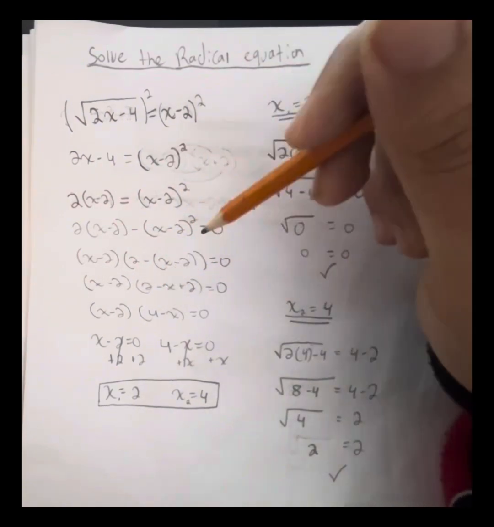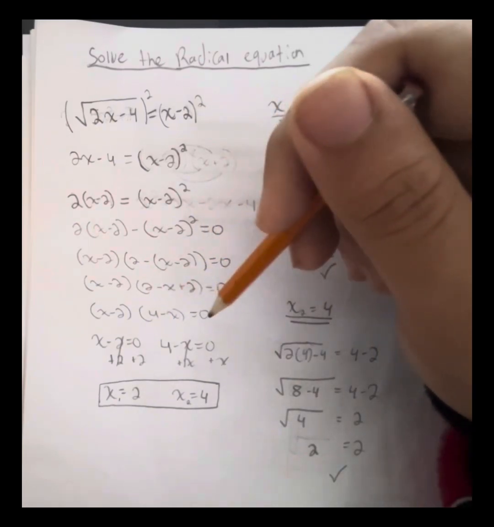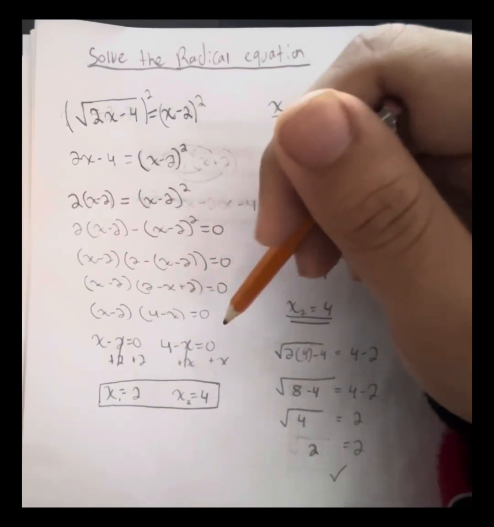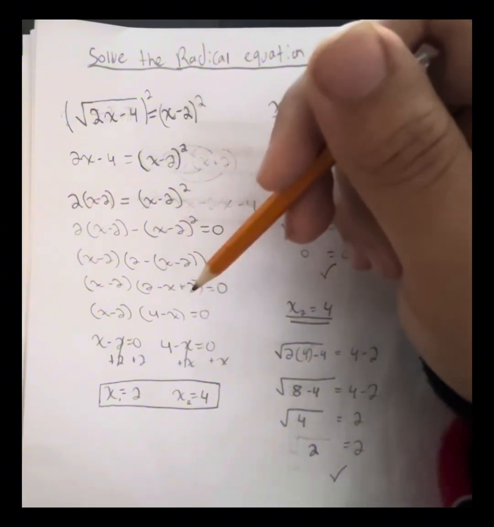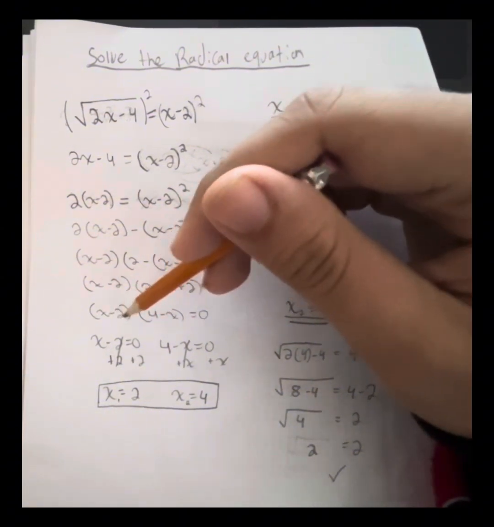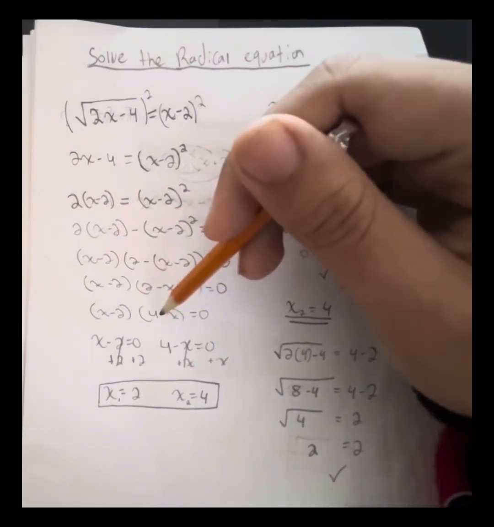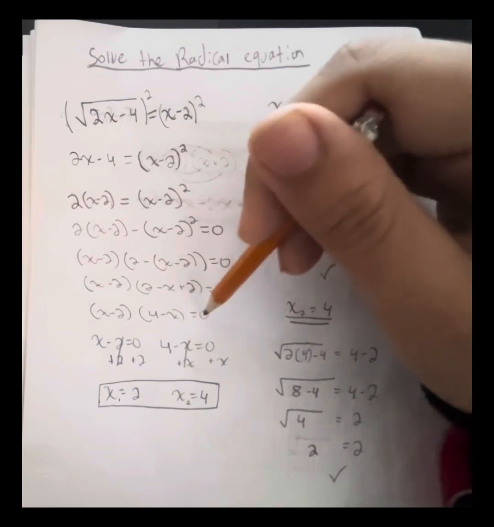And in this step we're going to distribute again. Combine the like terms, actually. So we have here the factors x minus 2 and 4 minus x equal to 0.